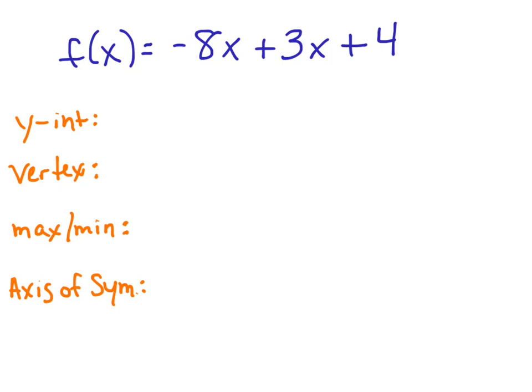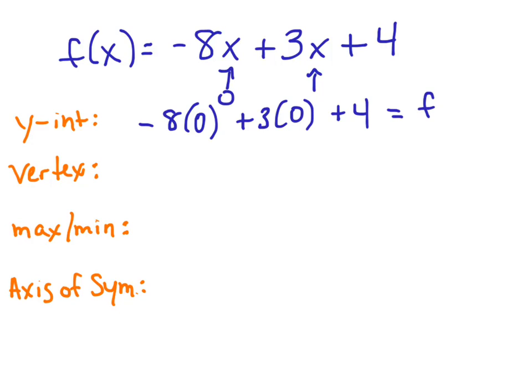Alright, here's one in standard form. So in this case, the y-intercept would be when x is a 0. So if I plug in a 0 for x, I will have negative 8 times 0 squared plus 3 times 0 plus 4.